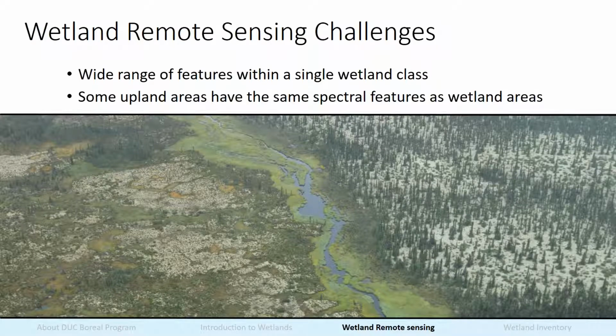So getting into some other challenges with wetland remote sensing, there can be a wide range of features within a single wetland class. For example, some of our older classifications were using Landsat imagery, so a multispectral resolution, which is a 30-meter pixel resolution.